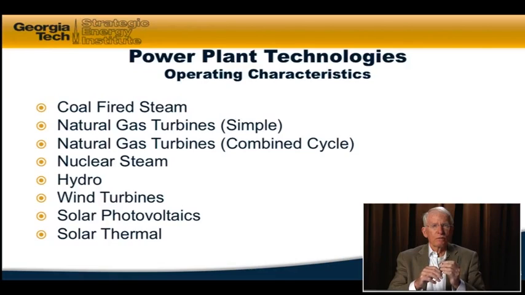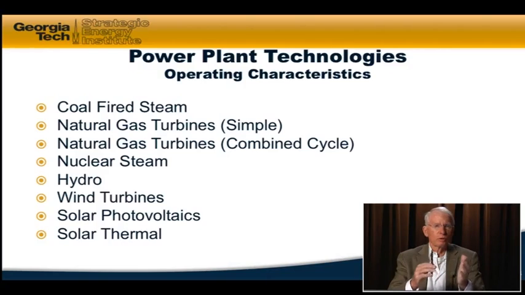The hydro that we mentioned, wind turbines that take kinetic energy out of the air and convert it to a spinning shaft that can turn a generator, and solar photovoltaics, that's magic, what we call direct energy conversion. The photons in the radiation from the sun strike a semiconductor surface, and that produces electricity directly from the chip with no moving parts.